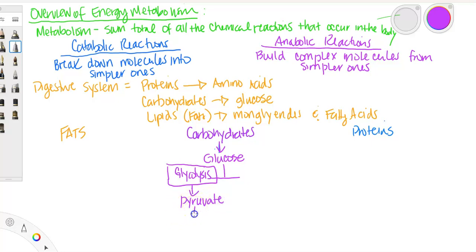And pyruvate can go into the mitochondria if there's oxygen and be processed to make a good amount of ATP. So it will be converted to a molecule called acetyl-CoA. And once it's acetyl-CoA, then it will enter the citric acid cycle.